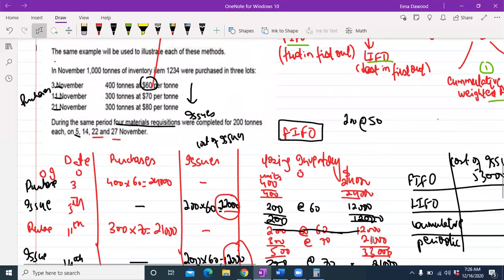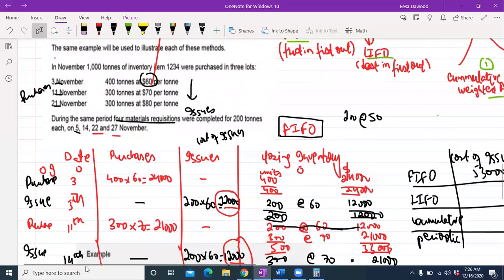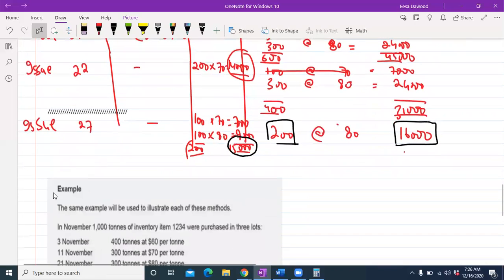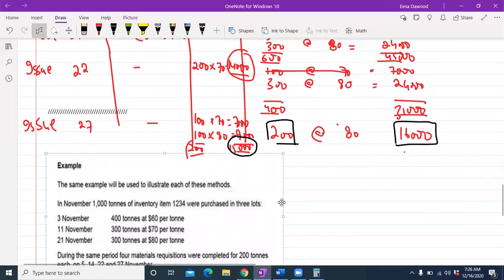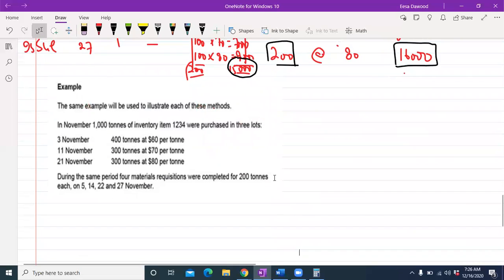Now let's do this question. Bring it down. Let's do this under LIFO method. Again, we're going to make the same tables. Now you're going to help me, right?